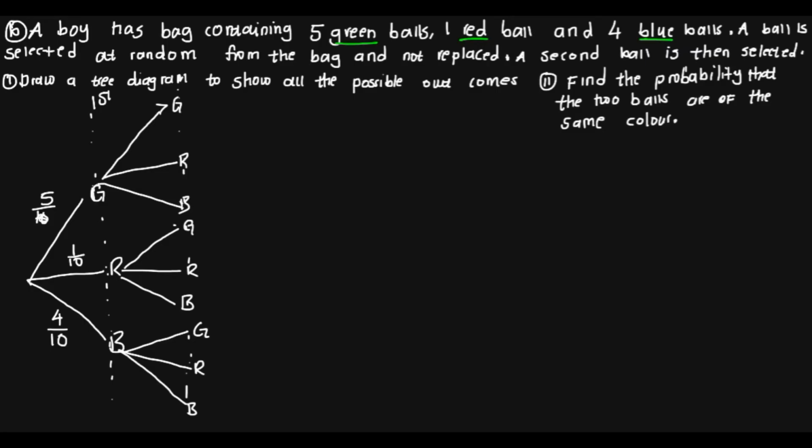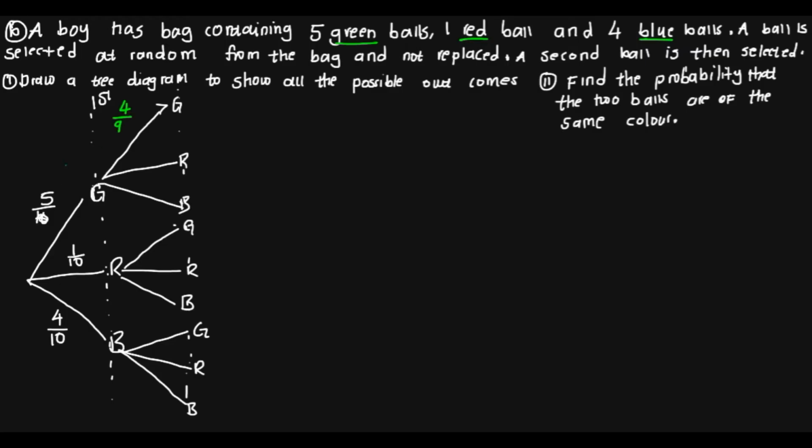Now there is one condition, that a ball is selected at random from the bag and not replaced. Let's assume what was selected without replacement was green. So we can see that we have 4 remaining, so we have 4 over 9.